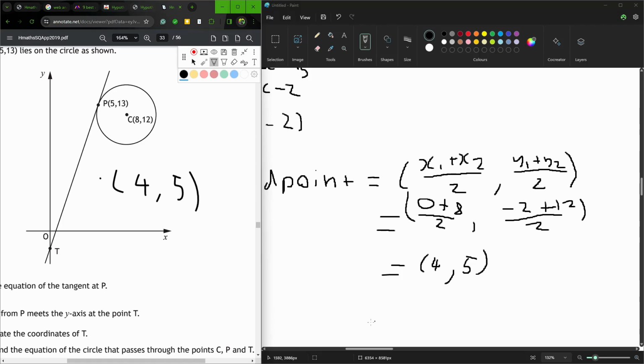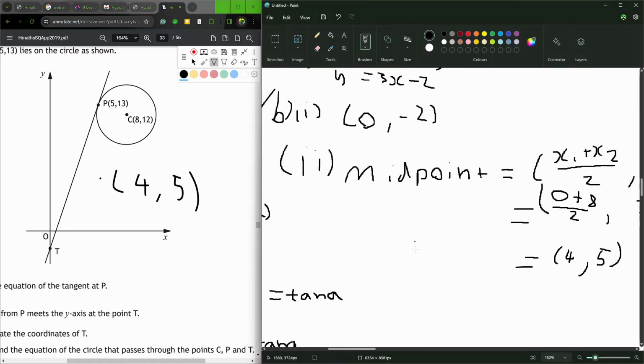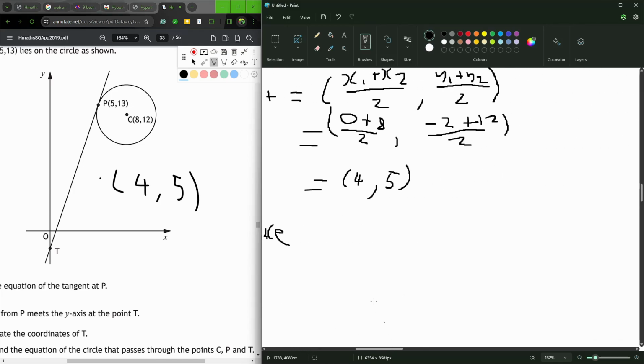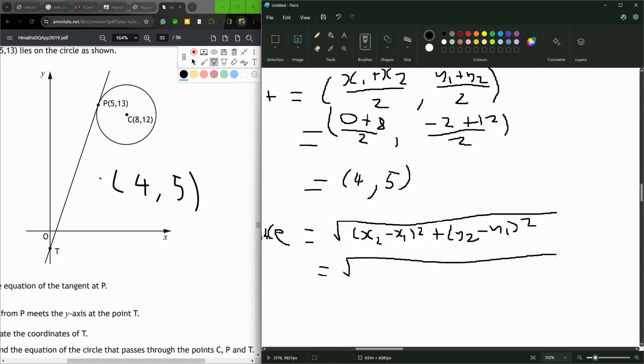So now we just need to work out the radius, so the distance between T and the centre. The distance formula is another thing you're going to have to remember. Again, it seems complicated, but really it's just the change in x coordinate squared plus the change in y coordinate squared, and then rooted. So throw our numbers in there.